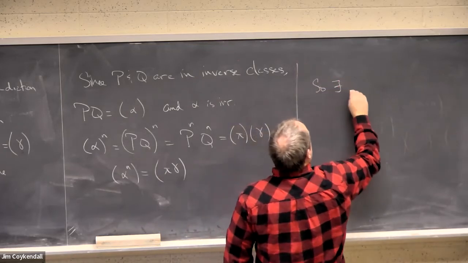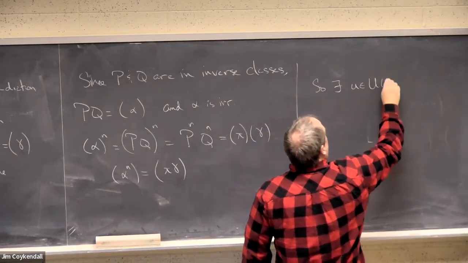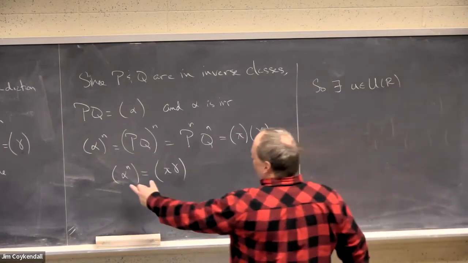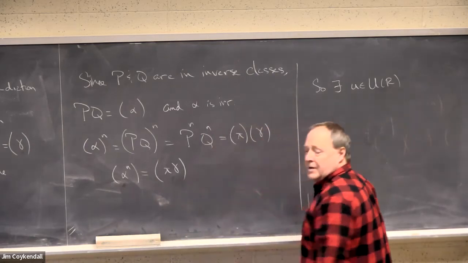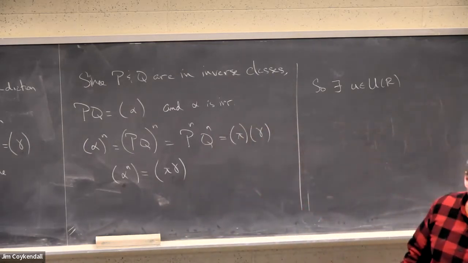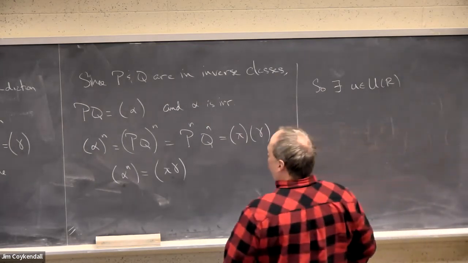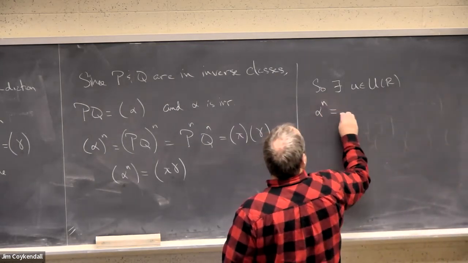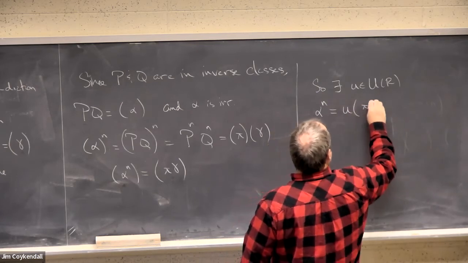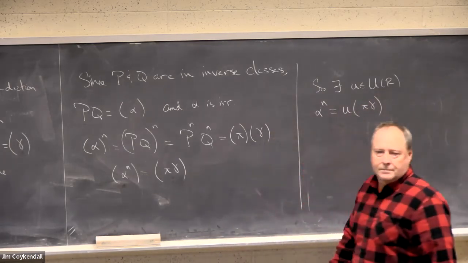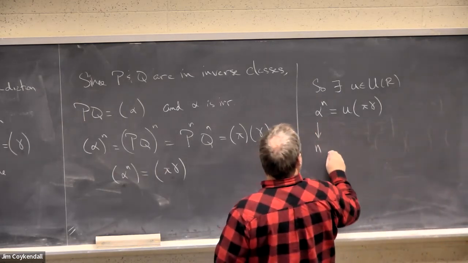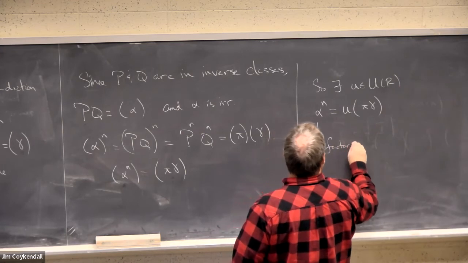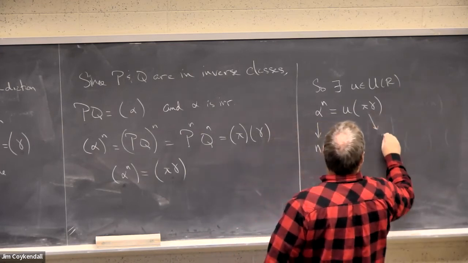So there is this unit, and the two ideals are the same. This one is generated by alpha to the n, and the other is generated by pi gamma. That means those two generators must differ by a unit, such that alpha to the n is u times pi gamma. Now look at factorizations, or in factors, I should say. It's two factors.